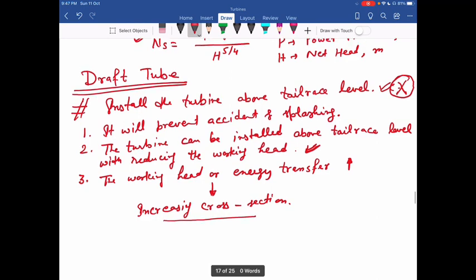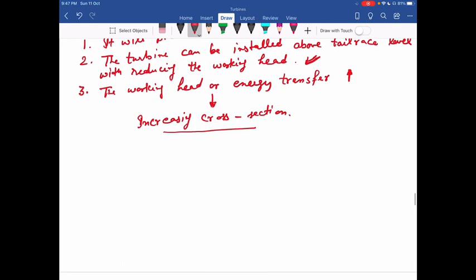Now the last function: you can see, if I have a draft tube of uniform cross section, something like this, and a draft tube of enlarging cross section, like this.